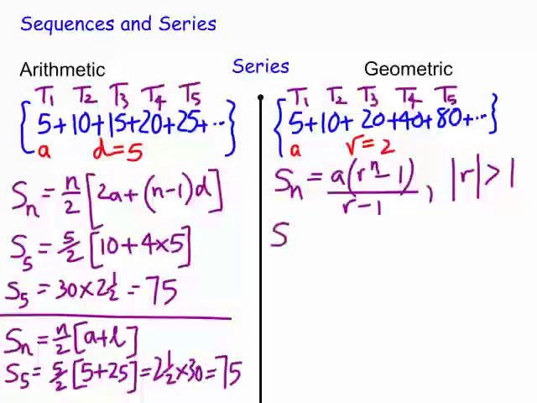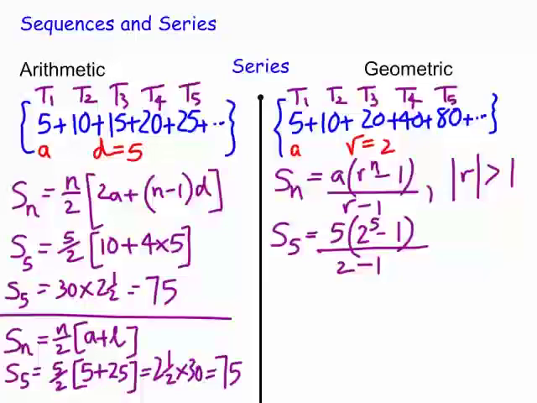Say S5 is going to be equal to A again, which is 5. The r now is actually 2. So it's 2 to the power of 5 minus 1 all over 2 minus 1.